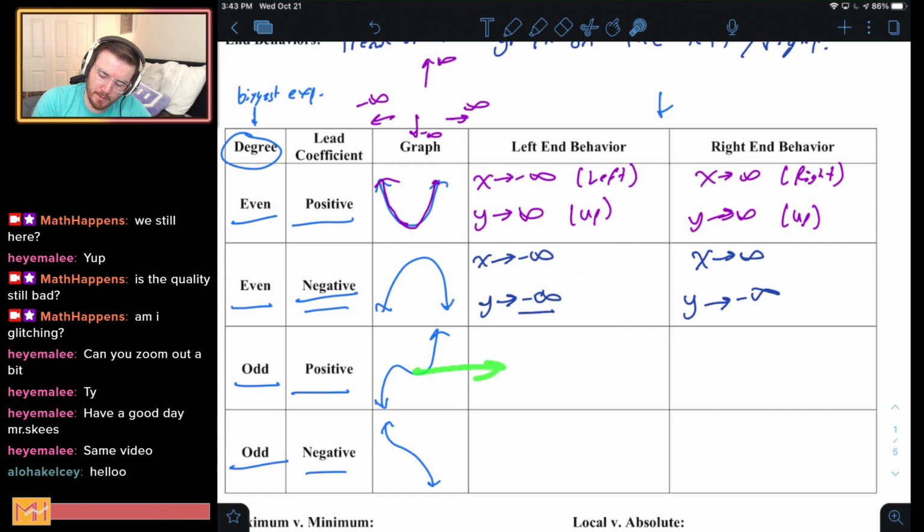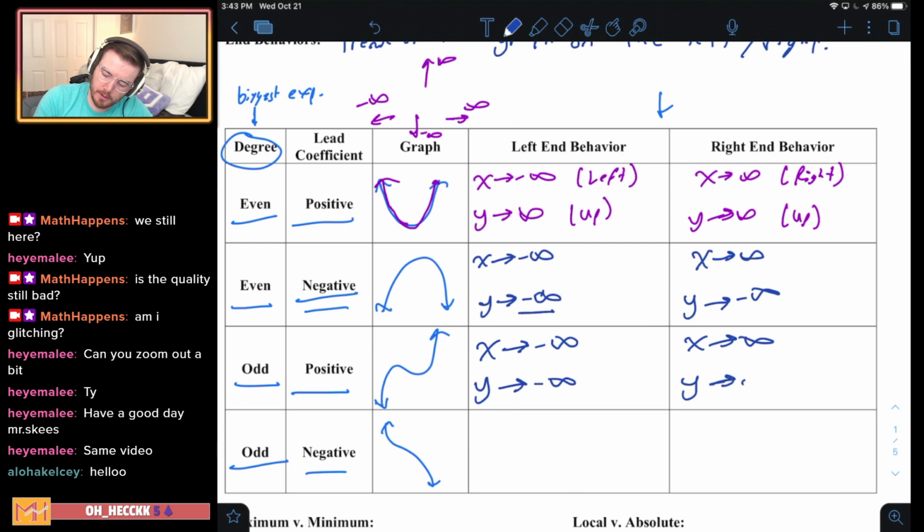As we go to the right, my function's going up, up, up. As I go to the left, my function's going down, down, down. So as I go left, I go down. As I go right, I go up. As I go left, I'm going up in this case.